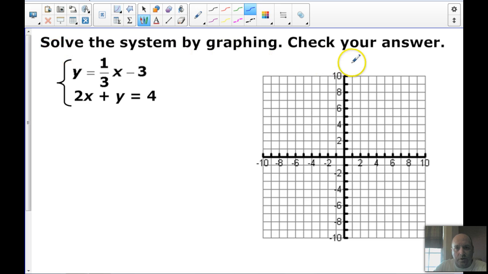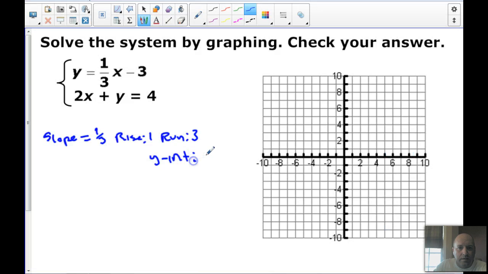Now we want to solve this system by graphing, and we're going to check our answer. I notice this first equation is in slope-intercept form, and its slope is 1/3, so I have a rise of 1 and a run of 3, and my y-intercept, or b, is -3.